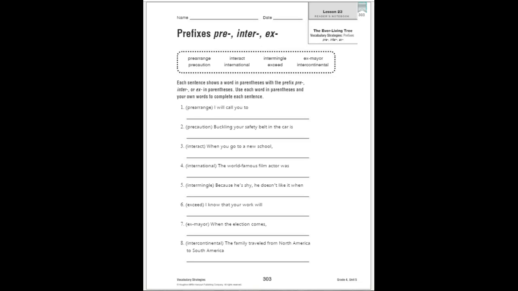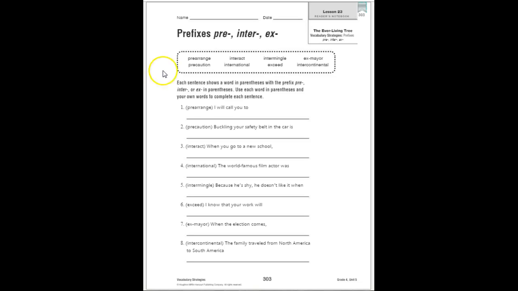Let's turn to page 303 in your reader's notebook to check for understanding with the prefixes that we've been talking about here in vocab today. Each sentence shows a word in parentheses with the prefix pre, inter, or ex. You're going to use each word in parentheses and your own words to complete each of the sentences.